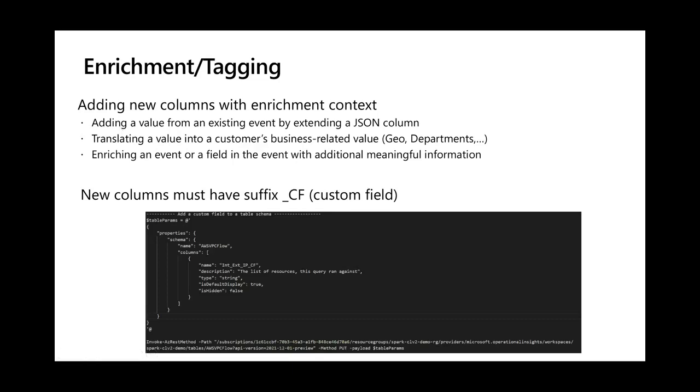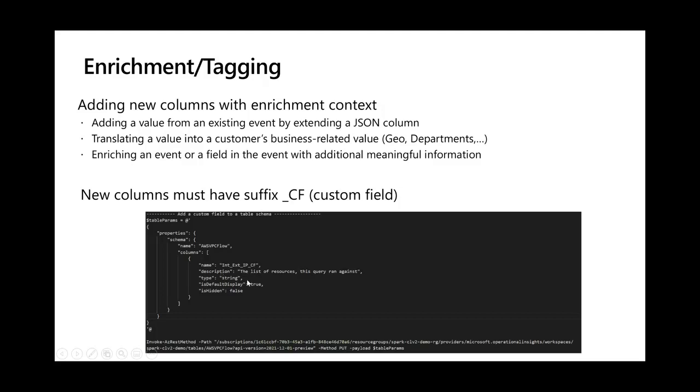So we can use it for translating a value into customers' business-related value, whether it's GeoIP, department names, etc. We can also enrich the existing table with additional meaningful information in the event, whether it's this internal, external IP or any other information.